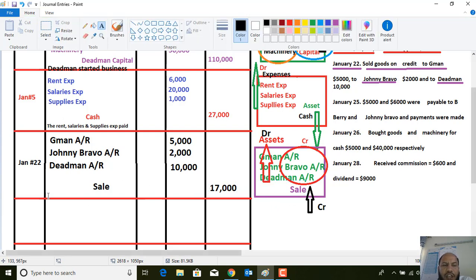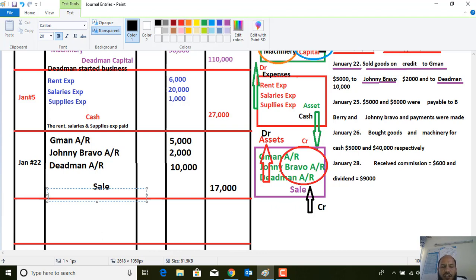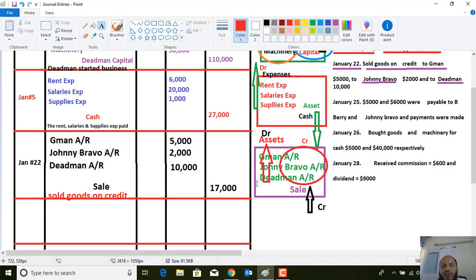So here again we will write down the short description: sold goods on credit. So the company sold goods on credit. Okay, so if you see again, dear students, you will easily understand that on January 22 we have a transaction.